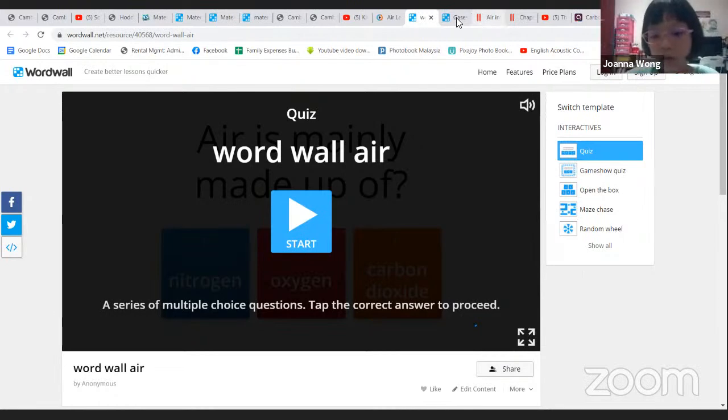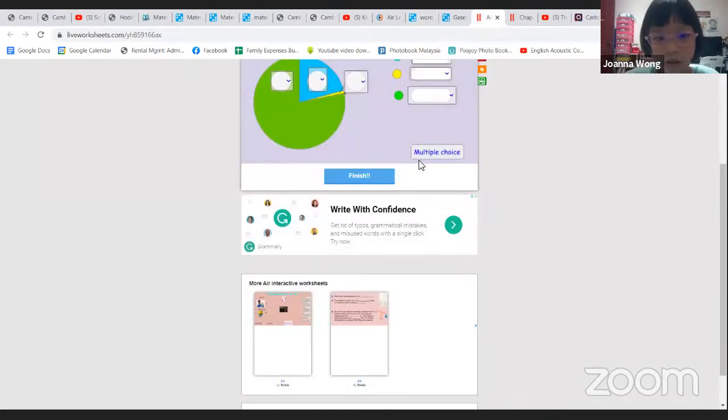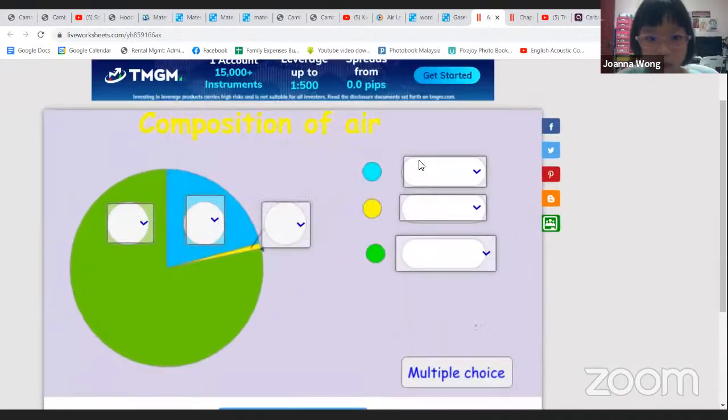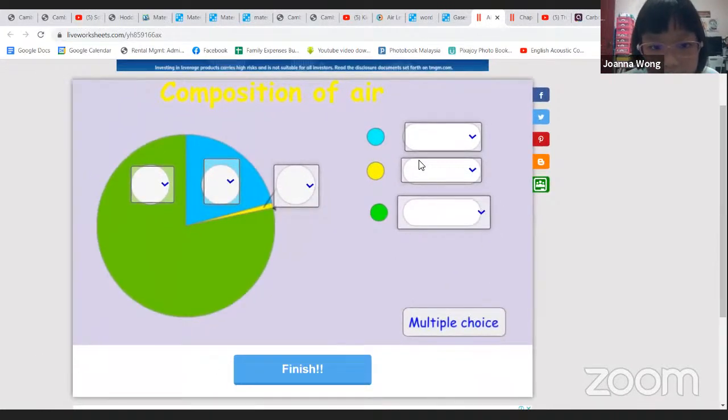Oxygen is 21%. Yes. Carbon dioxide? It's 0.03%. Fantastic.